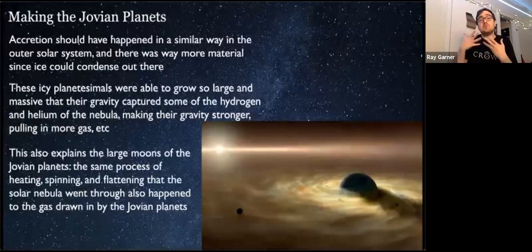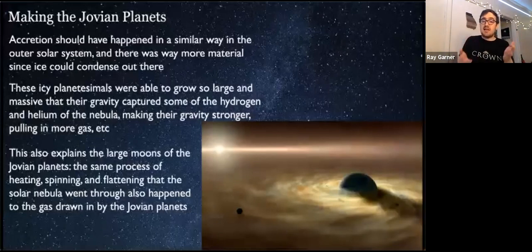And they grew so large that these cores, these icy cores, were able to use gravity to capture some of the hydrogen and the helium in the nebula, which then made their gravity stronger, so they pull in more gas, et cetera, et cetera. This would repeat until we get the massive gas giants that we see today.